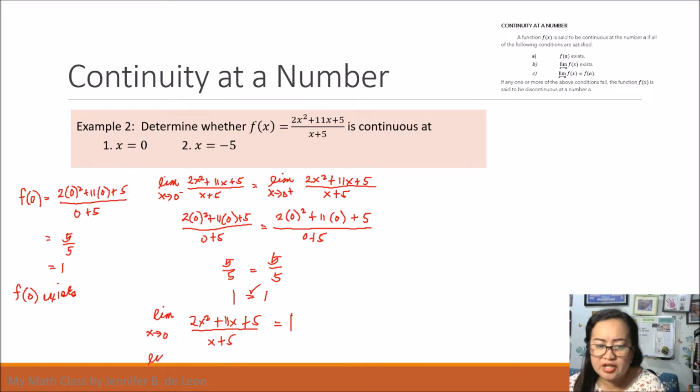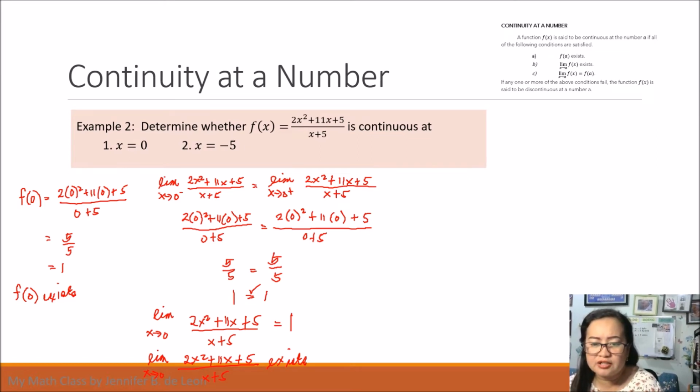So we can say that it satisfies the given condition, the second condition in particular. So we can conclude that this limit exists. Now let's take a look at condition number 3.